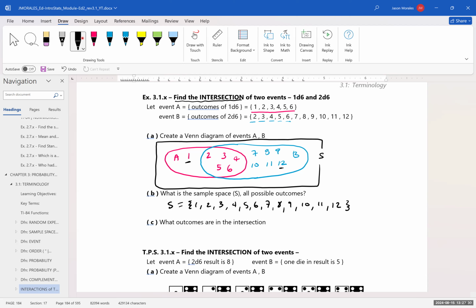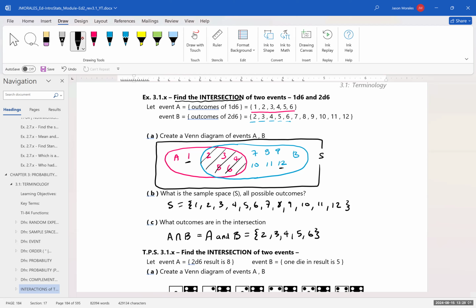And what outcomes are in the intersection? What is A intersect B? Another way we could write this is A and B. The intersection between A and B is the area where they overlap, and what we've got are 2, 3, 4, 5, and 6.